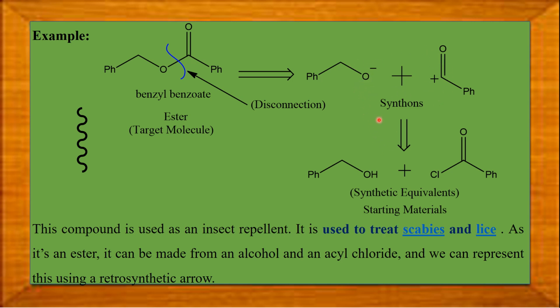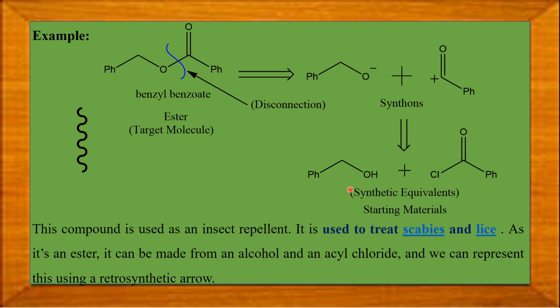If you add H plus to this, you get benzyl alcohol. Here we have a carbocation, and with this carbocation you can add a nucleophile, an anion, a good leaving group, chloride. So these are the synthetic equivalents of the synthons.